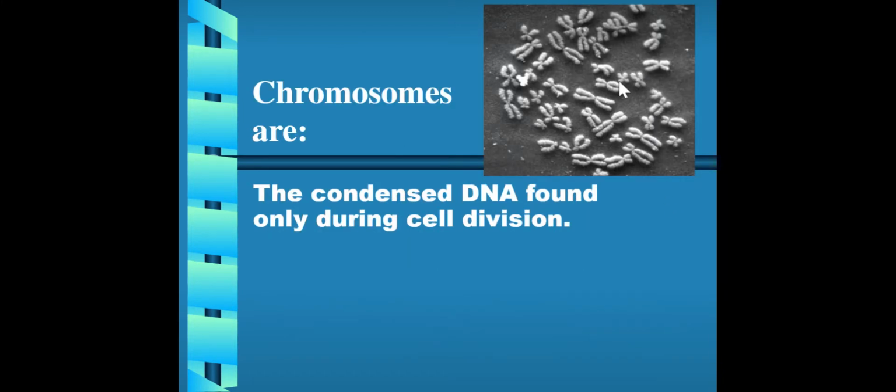So this is chromosomes. This probably looks familiar to you. You've probably seen pictures another time. It's tightly packed DNA. So condensed DNA. It's only found during cell division. I think of it like moving boxes. Like you don't live your life with all your stuff packed into moving boxes.